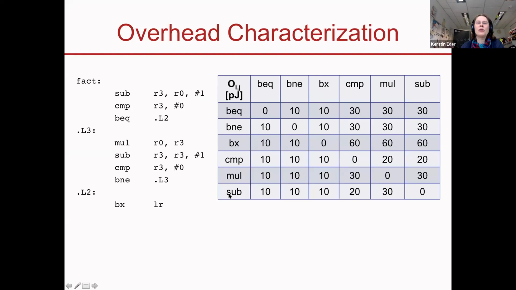Or if I want to switch from a subtraction to a comparison, that's an extra 20 picojoule. Okay, now in some processors this might be symmetrical, and in some processors this might not be. So here in this case we don't have it symmetrical, so that's okay.